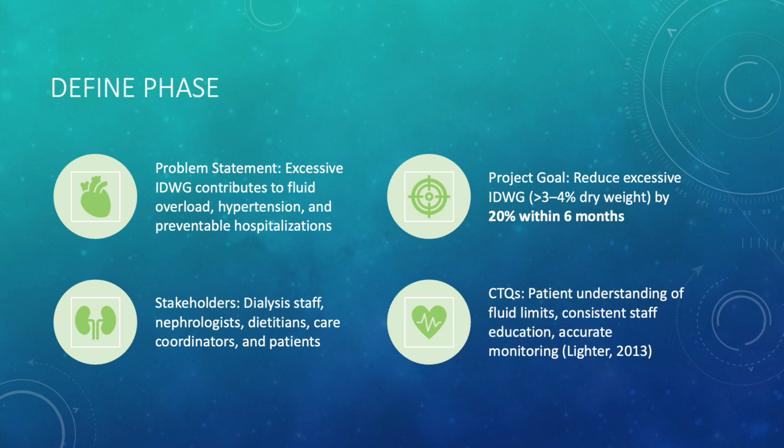Key stakeholders were identified, including dialysis nurses, technicians, dietitians, nephrologists, care coordinators, and patients. Critical to quality factors focus on patient understanding of fluid limits, consistency of staff education, and accurate monitoring of fluid intake.